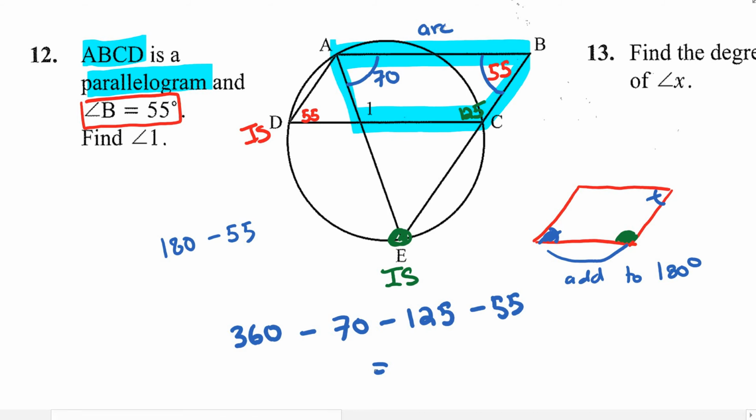Just double check that. Yep, I get 110 degrees, so angle number 1 is 110 degrees. So once again, anytime you have a four-sided shape, the inside angles add up to 360 degrees. And you don't need to really memorize that because I think the most common shape is a square or a rectangle, and we know that the corner angles are all 90 degrees. So 90 degrees times 4 is going to be 360 degrees.